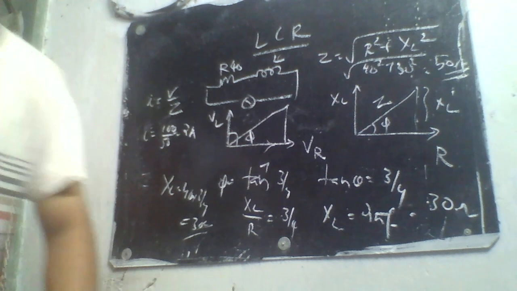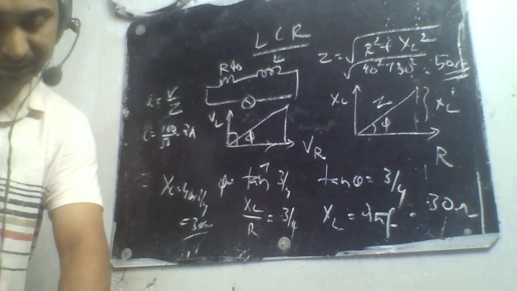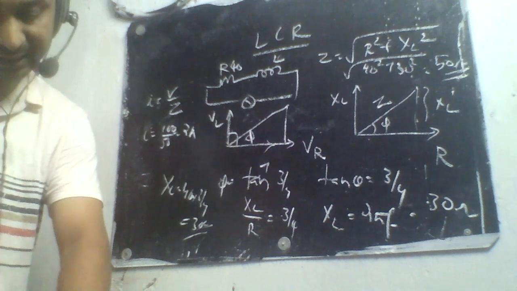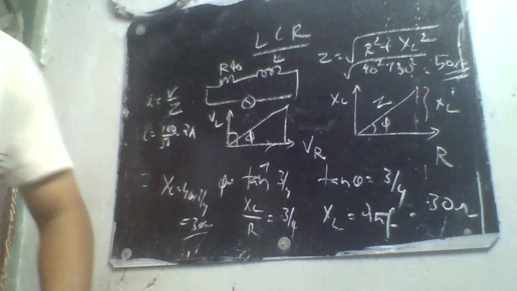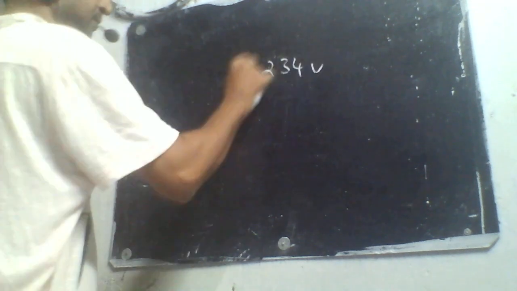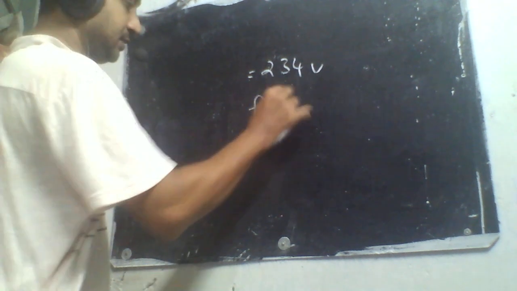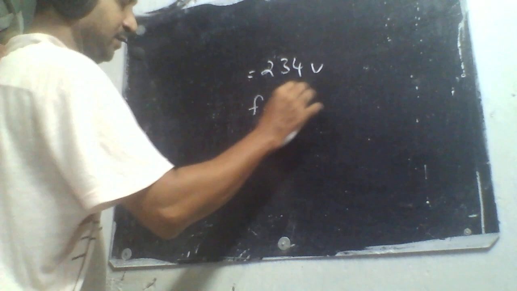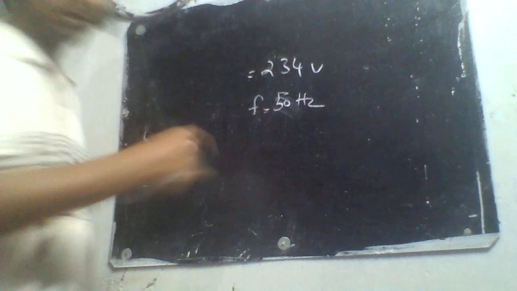Now, a question: using an AC voltmeter, the potential difference in an electrical line in a house is read to be 234. So a voltmeter in a house reads the AC voltage to be 234 volts. If the line frequency is known to be 50 cycles per second, that is 50 hertz. The number of cycles per second is frequency.